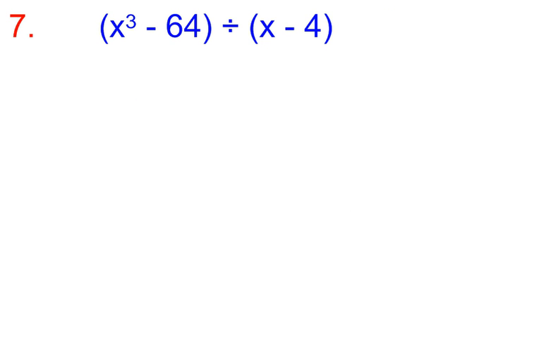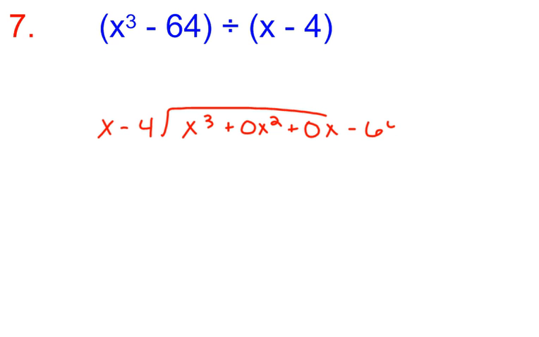Number 7, I have x minus 4, and then I have x cubed, and I'm going to go 0x squared, 0x minus 64. How many times does x go into x cubed? We would say it goes into it x squared times. And then I distribute that x squared to the x minus 4, so I get x cubed minus 4x squared.